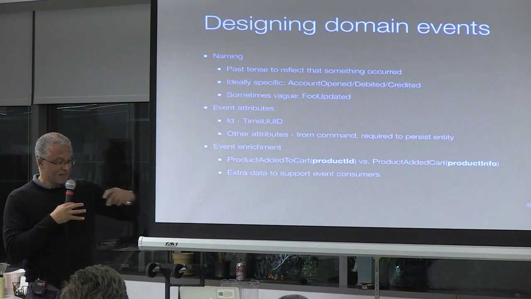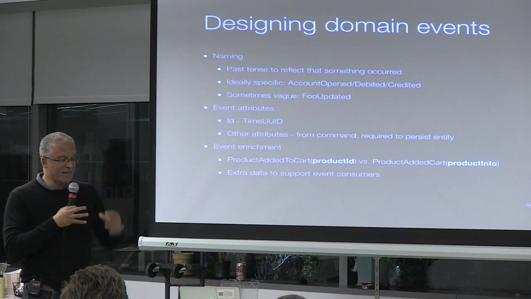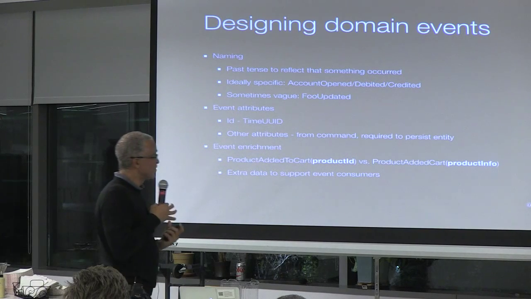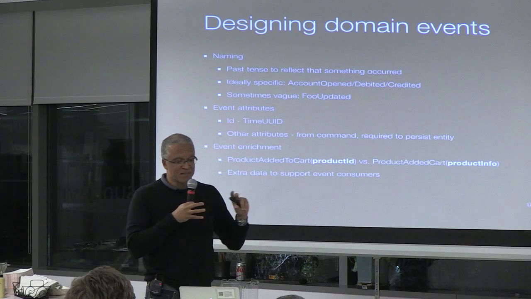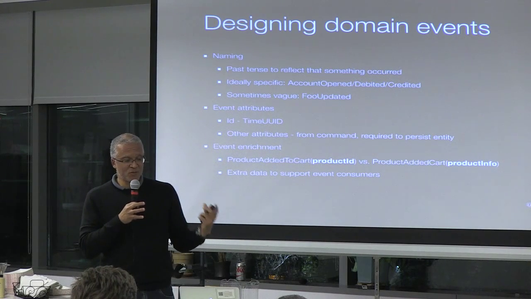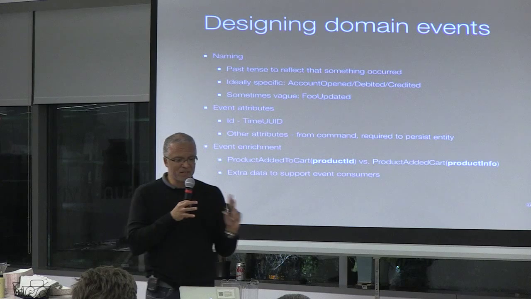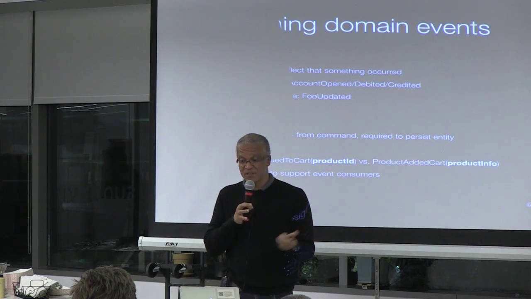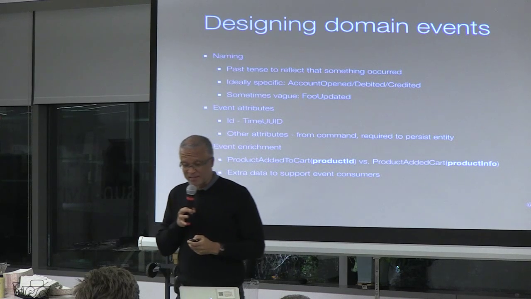Rather than requiring them to go back and get it, that information is packed in the event. There's a whole bunch of issues around balance. You don't want to make the events too fat, but you don't want to make them so skinny that the consumers have a lot more work to do. So you've got to have balance.